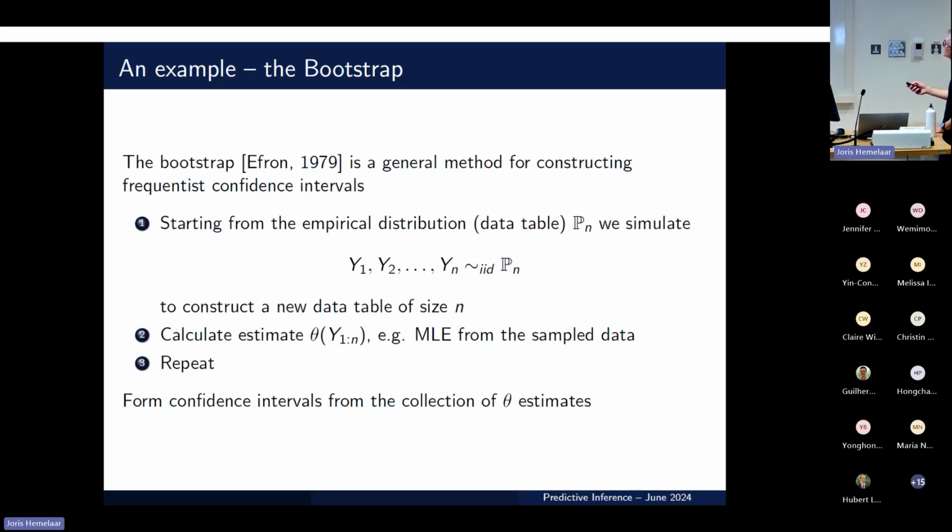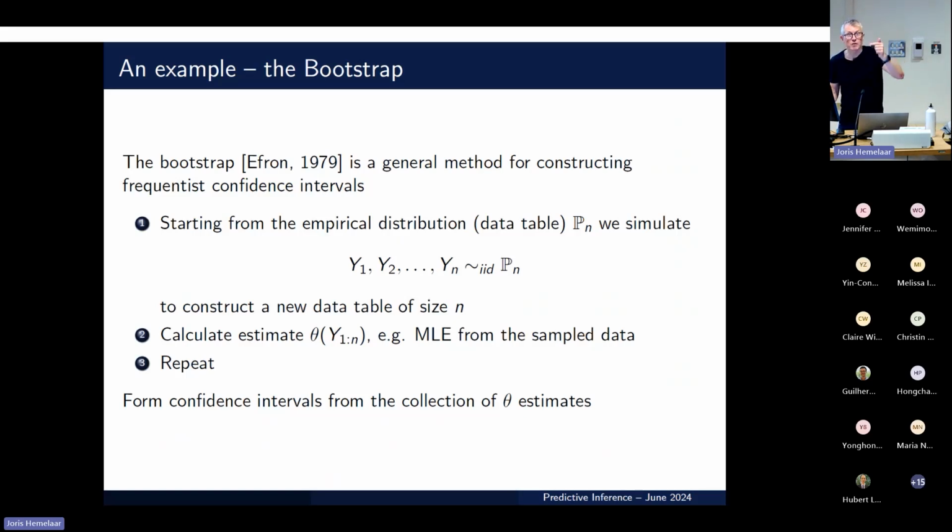So the bootstrap is a general method for constructing confidence intervals, and it has the following algorithm. You start from the empirical distribution, that's your data table. Hypothetically, your Excel spreadsheet. You've got n samples. I just go and grab another n. I pick one at random and put it into the n+1 slot.